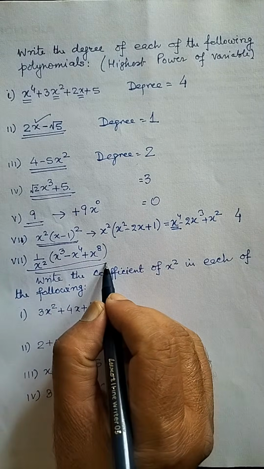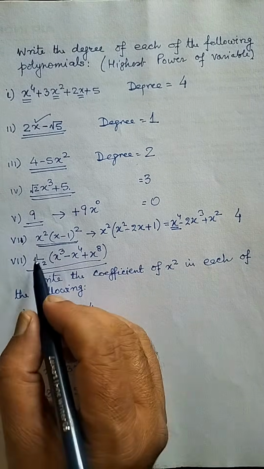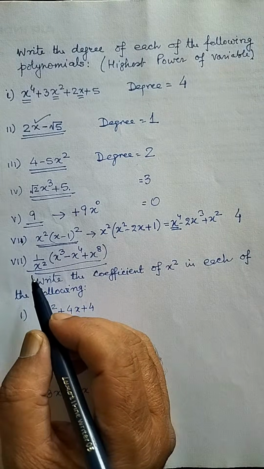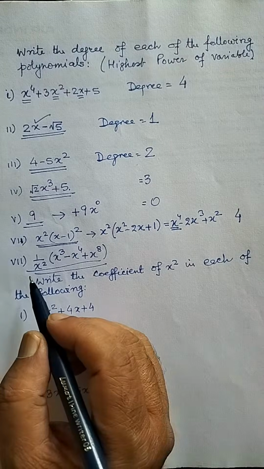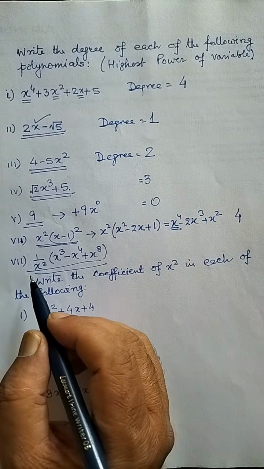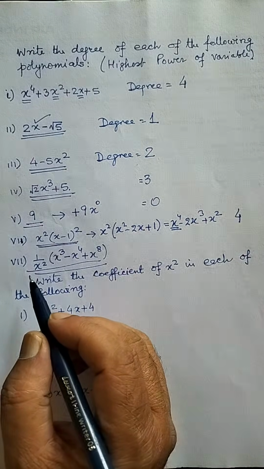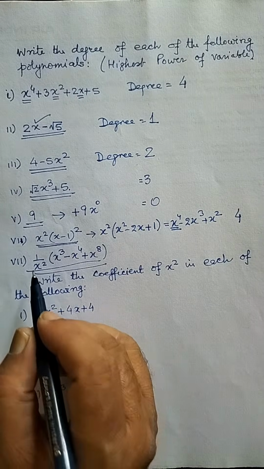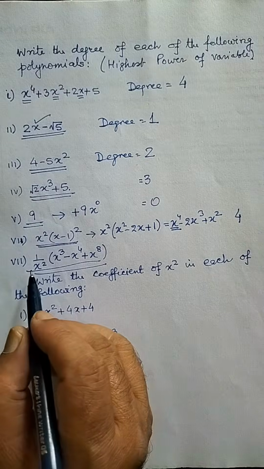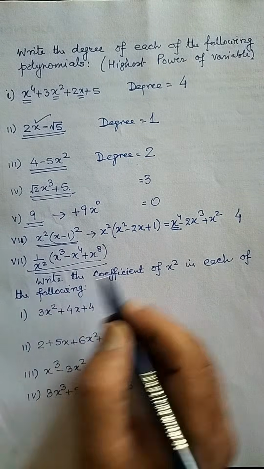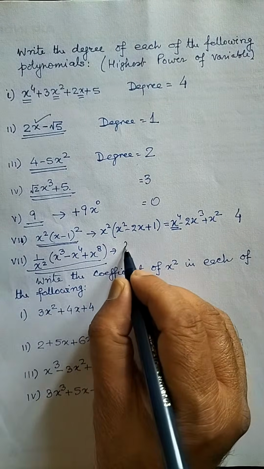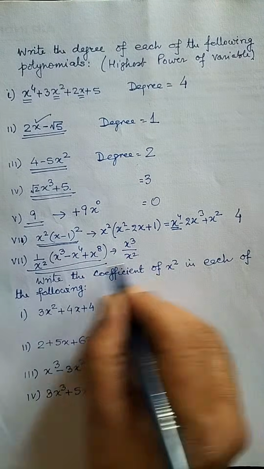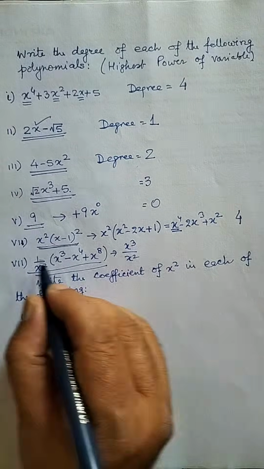Now here you may get confused that x square is in the denominator, and as I told you in my previous video, if the variable is in the denominator, it is x raised to the power of negative 2. Okay, but in this case it will not go like that, because if we simplify this, what do we get? We get x cube divided by x square, because I am just taking this inside the bracket.